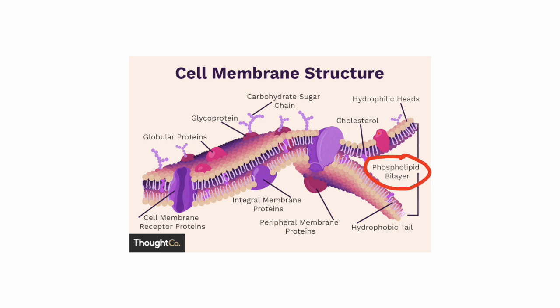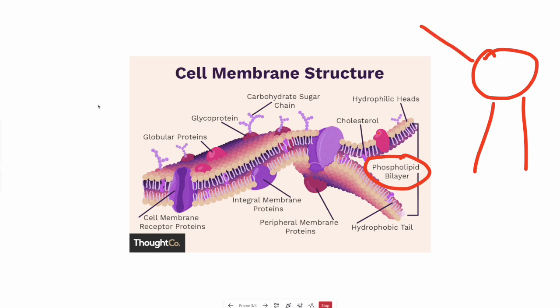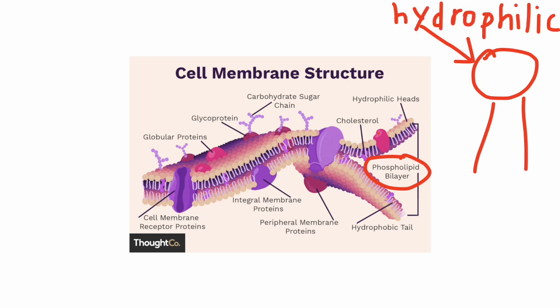Phospholipids are these macromolecules, like lipids, which is basically like fat, and a phospholipid is this. It has a head and two tails. Now, the head is hydrophilic, and these tails over here are hydrophobic.